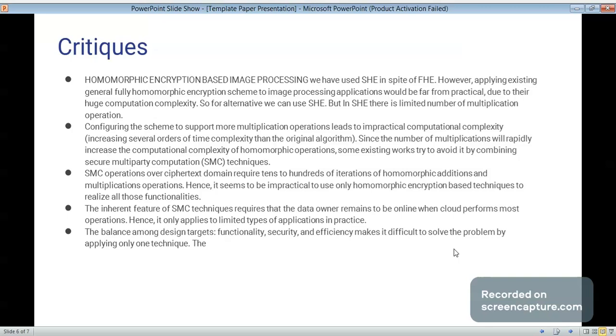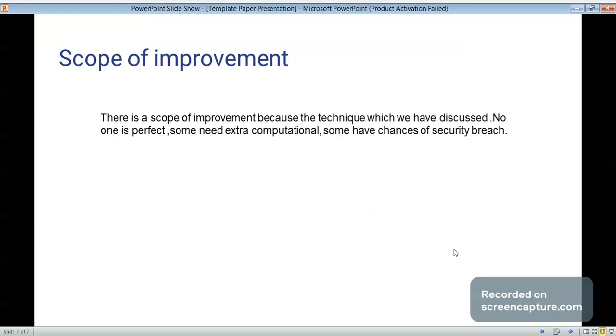This is also the scope for improvement: we should create a better technique where we don't need to compromise on functionality or computational power. We should have a technique that is available for all kinds of problems and gives better security over the processing of the image on the server.